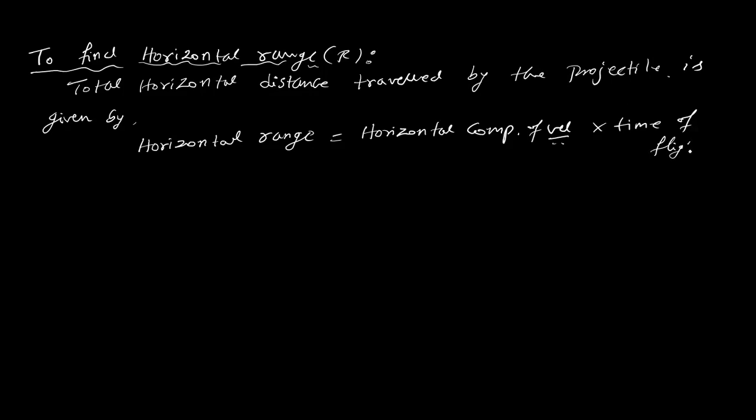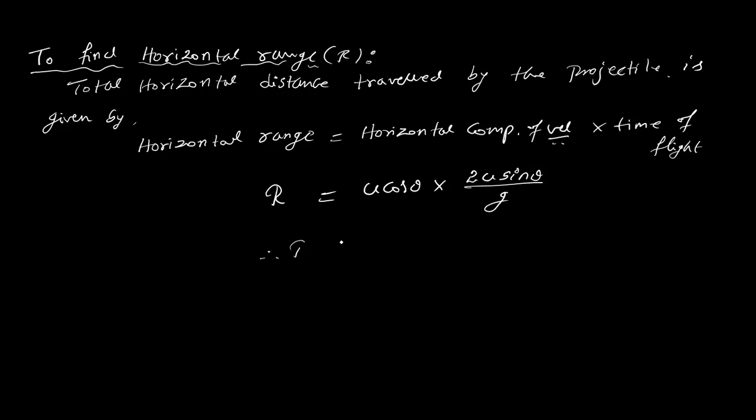Okay, by the time it reaches back to the earth, it completes the time of ascent and time of descent. So horizontal range I am taking as R, and this is u cos theta, and the time of flight we already derived, it is 2u sin theta divided by g.